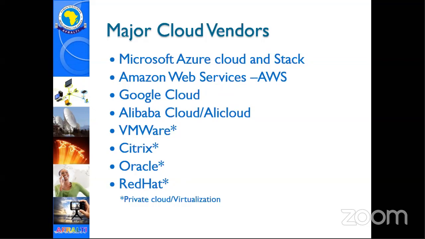Then we have Amazon Web Services, which is called AWS, which was the pioneer in cloud services in 2006. That is a very long time in internet time. And Amazon started it off by chance, because when they were running their Amazon.com services, they realized that they were using a lot of computing power, and their internal IT team became so good in setting up additional compute capacity to the point that they thought, if we could only lease out this extra space that we have, then a new business was born.